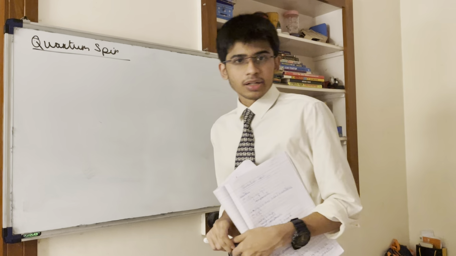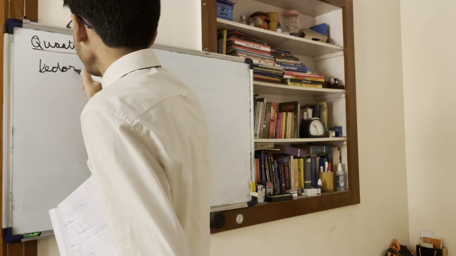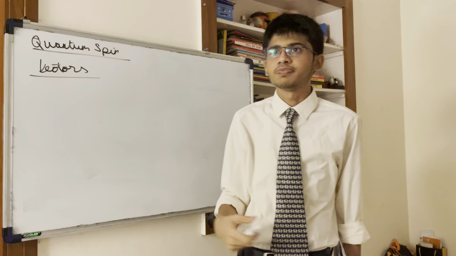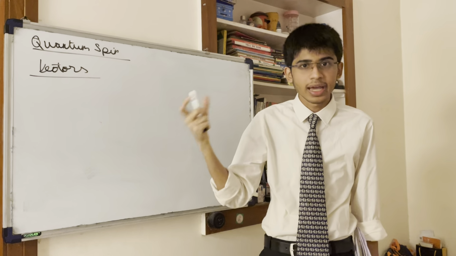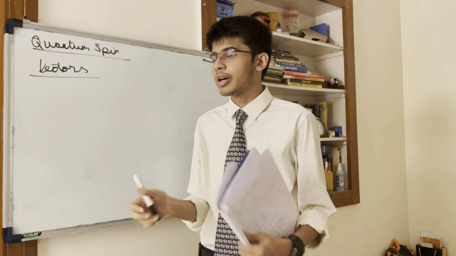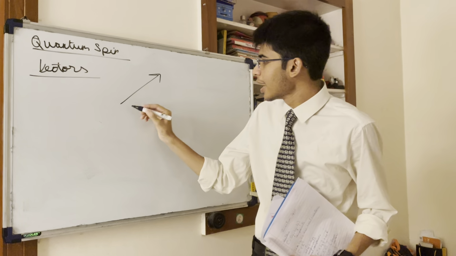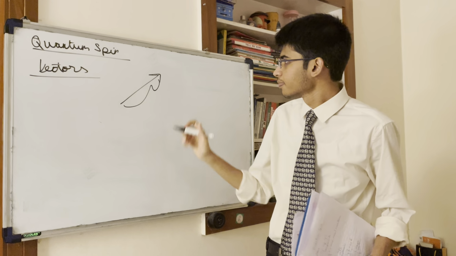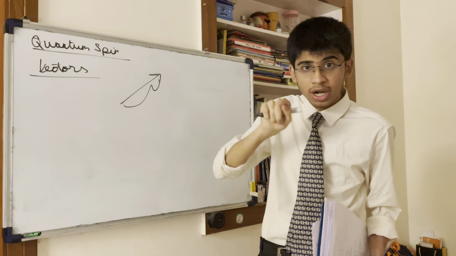Okay, so let's start with vectors. So what are vectors? Vectors are physical quantities which have a magnitude and a direction. So they are represented by something like an arrow sign. Now the length of this arrow will tell me the magnitude of the vector, and the direction is given by where the arrowhead points.